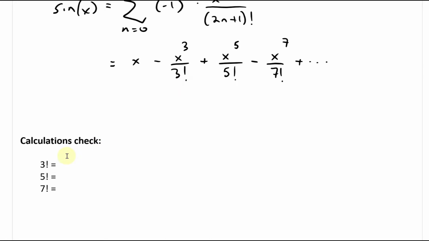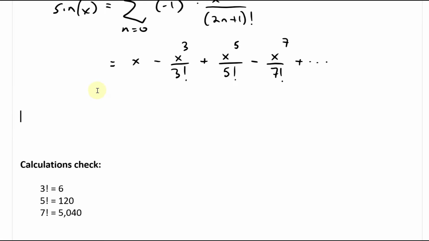Here's a quick calculation check, since OneNote has a built-in calculator. 3 factorial is equal to 6, 5 factorial is equal to 120, and 7 factorial is 5,040.